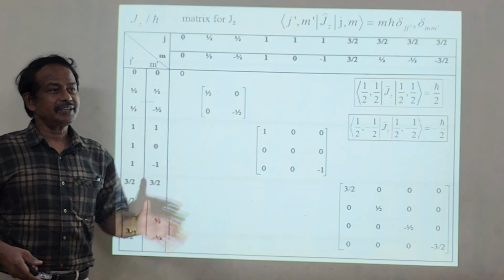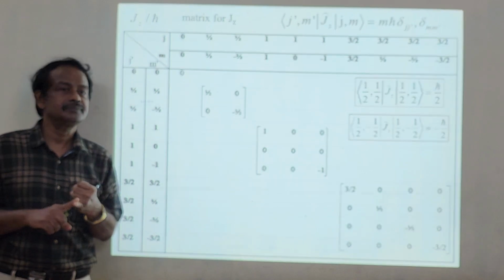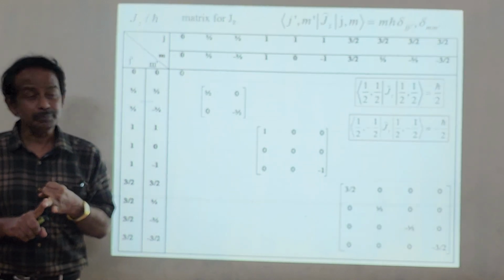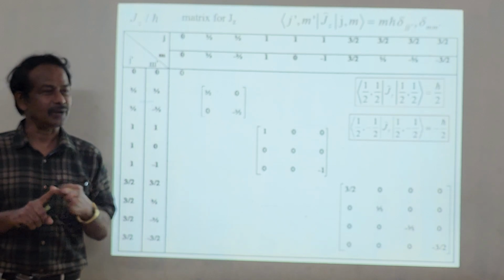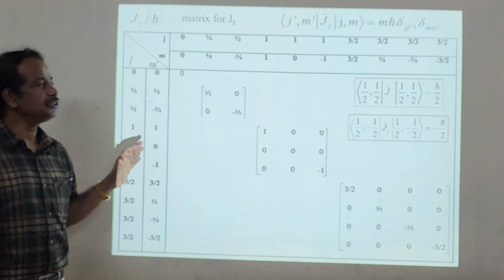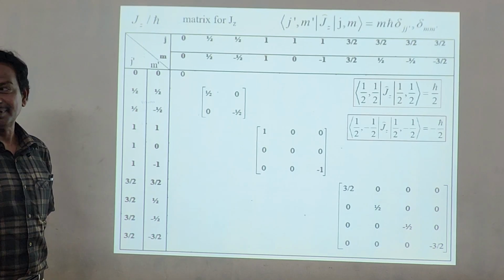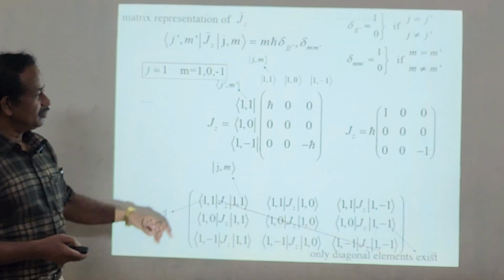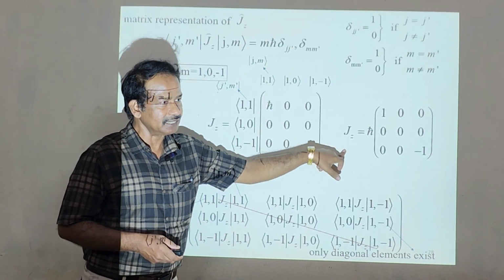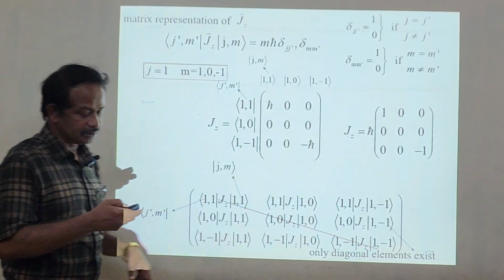So whatever we have learned for j equal to 0, j equals 1 by 2, j equals 1, and j equals 3 by 2, we are going to put together in a table. In fact, you can see this h bar can be pulled out this side. So J is by h bar, correct? You can take this h bar out.